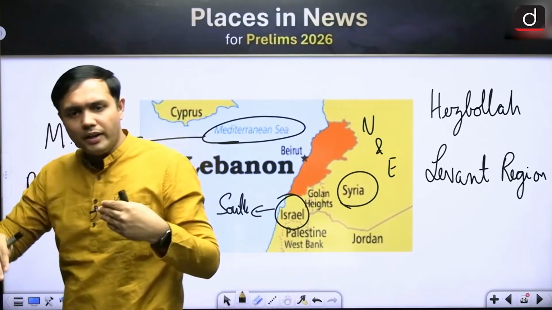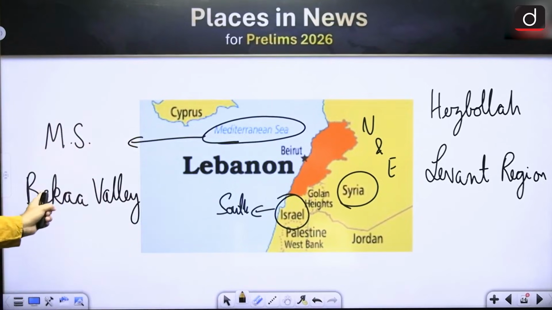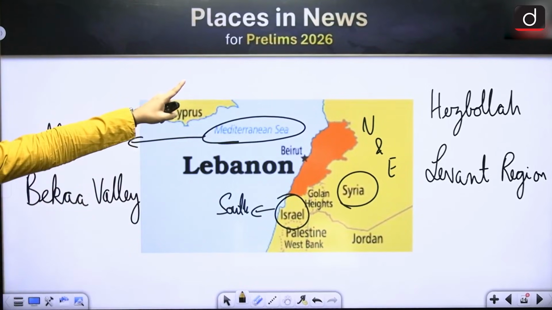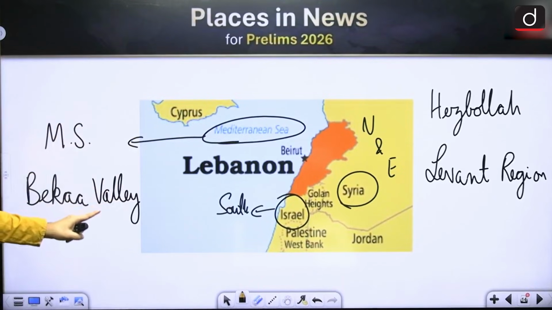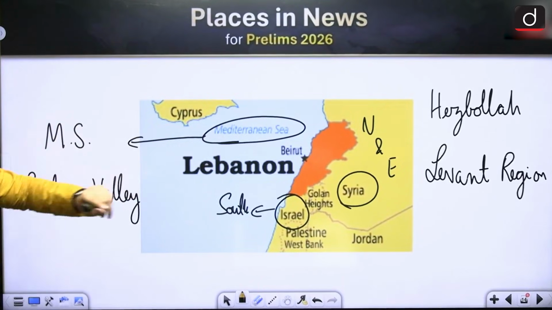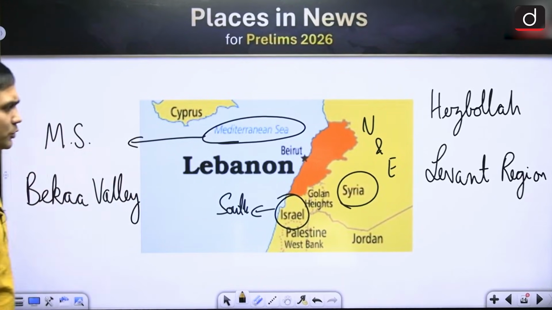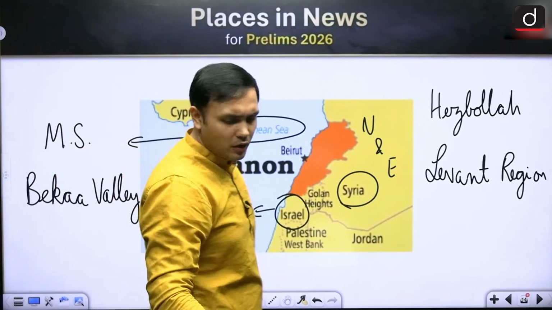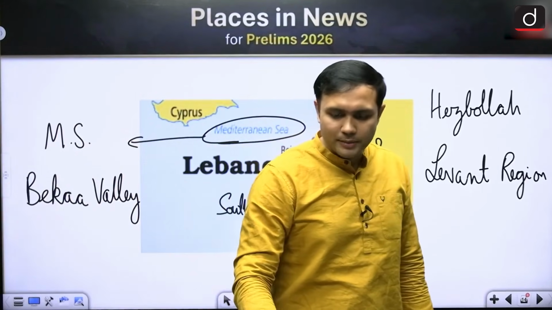So there is a Bekaa Valley, which is part of the Rift Valley's extension, and it is found in Lebanon. Other things are also associated here, like the Golan Heights, but these are some of the important aspects.